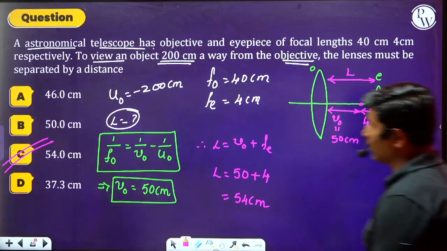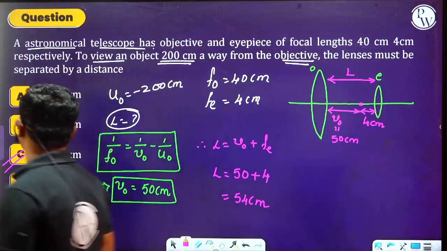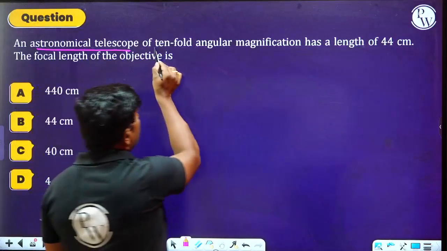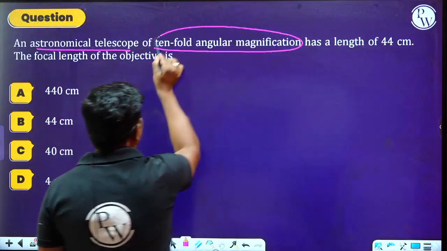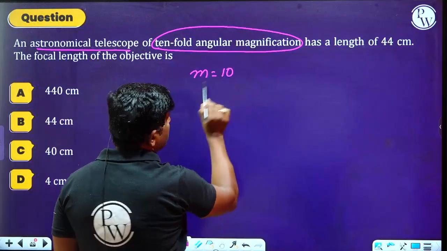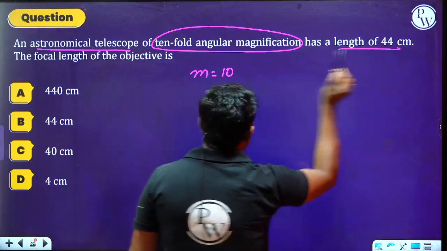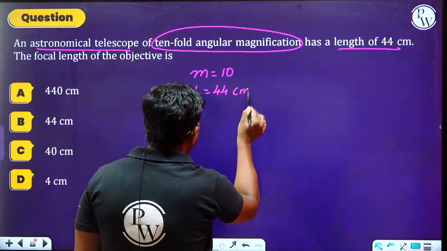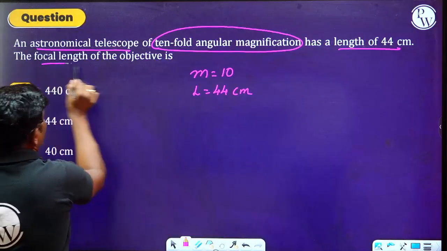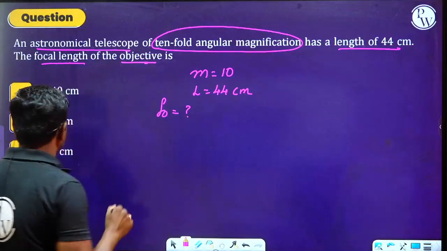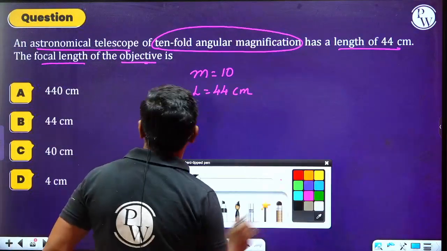What are they saying to us? Please read this problem here carefully. An astronomical telescope of a tenfold angular magnification, that is magnification is given to you as 10, has a length of 44 centimeter. L is equal to 44 centimeter. We have to calculate what is the focal length of the objective.